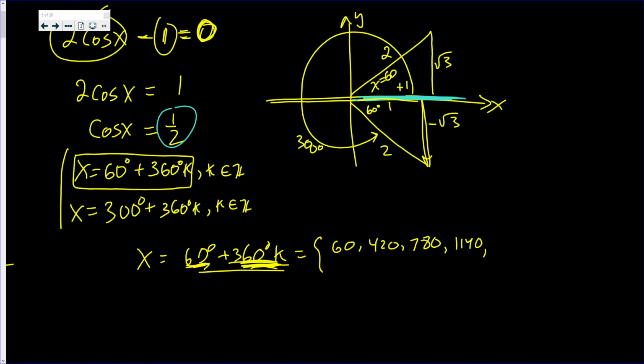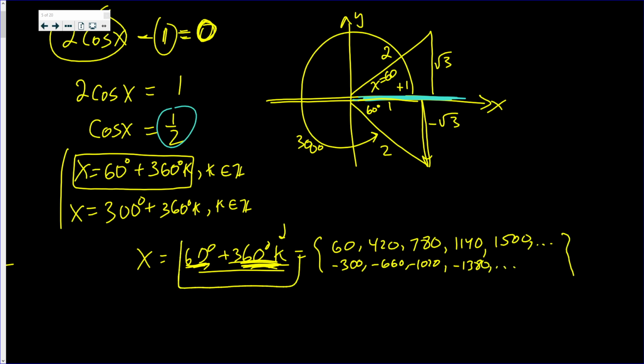The next one would be 1500, I'm pretty sure, etc. And k can be negative 1. 60 plus 360 times negative 1 is 60 minus 360, which is minus 300, minus another 360, minus another 360, minus another 360.